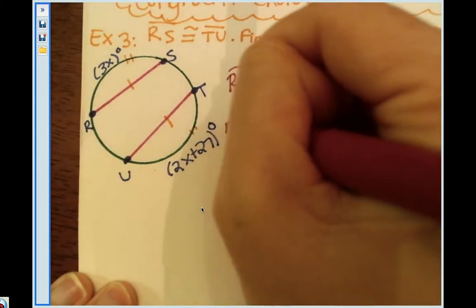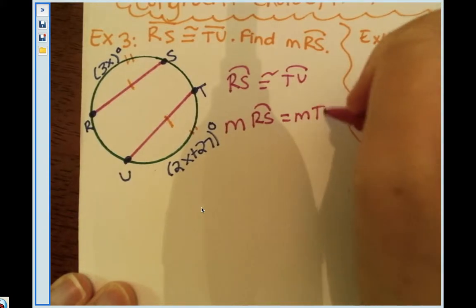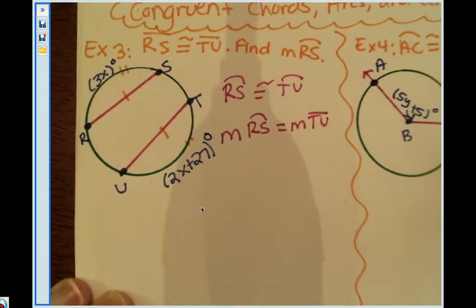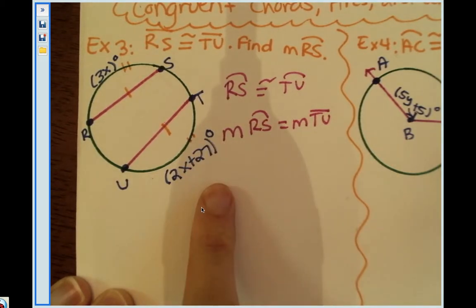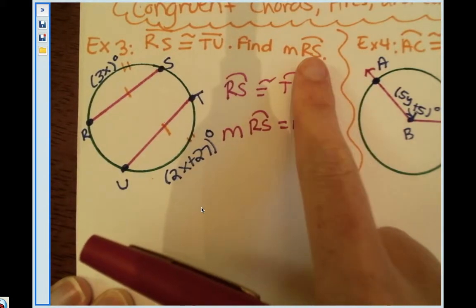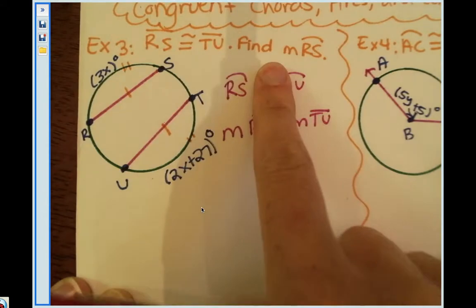So that means the measure of RS is going to be equal to the measure of TU. Alright, so we're going to be solving by setting these equal to each other, which will help me find x. But remember, we're not done when we find x. This wants to find arc RS. So I'm going to use x to help me find RS.